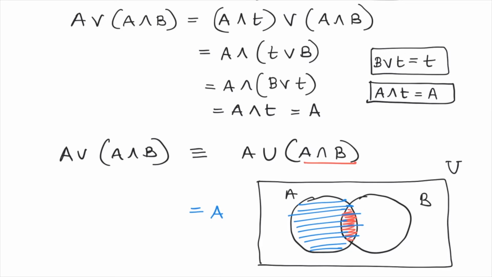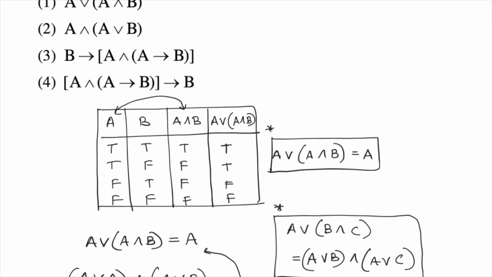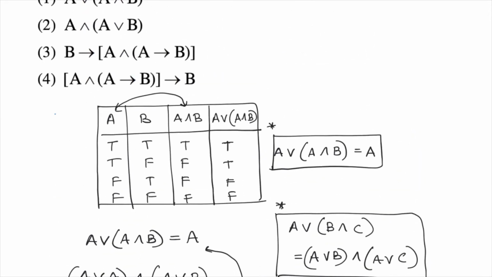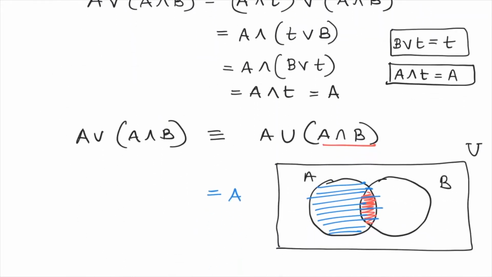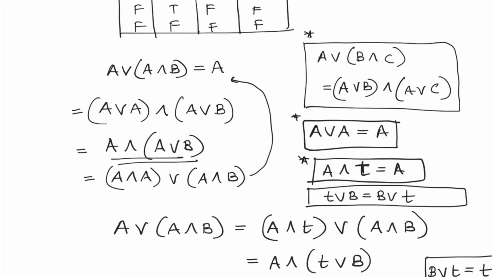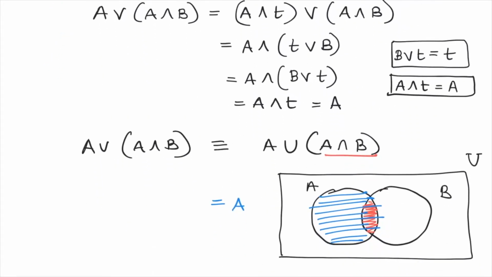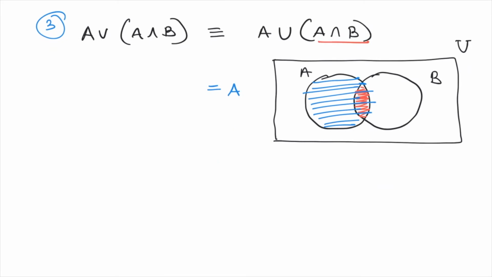Let's see the next approach now. So we had a truth table approach, which was number 1, and number 2 was using the identities from mathematical logic, and the third one was using Venn diagrams. In the fourth one, I'm just going to use our intuition. So we have to figure out what A or A and B means.